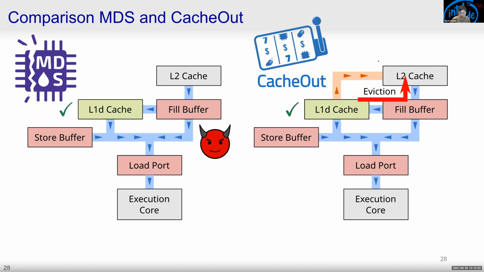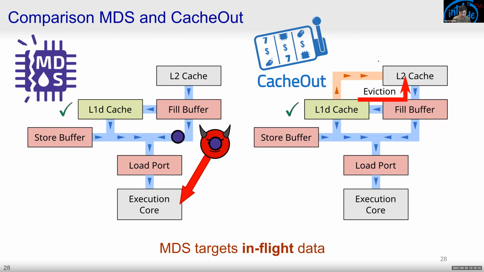So let me show you CacheOut. But before showing you CacheOut, let's recap MDS, because probably half of you forgot what it means. So MDS targets data in flight. What does data in flight mean? It means that as the execution core is trying to access memory, it's being brought into the hierarchy, and if the adversary were to execute a faulty load, you get a copy on the bus.